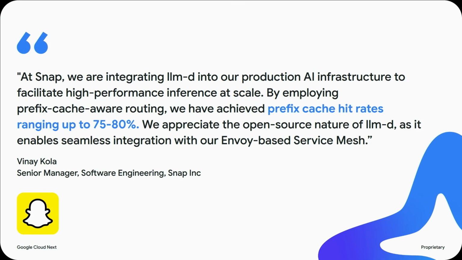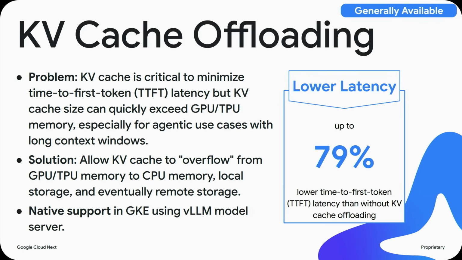A bunch of really good improvements. I'd really encourage you to check out LLMD. Organizations like Snap integrate LLMD into their serving stack, and they found that their prefix cache hit rates really ramped up 75%, 80% as a result of adopting LLMD, been a reliable source of improvement for customers like Snap.